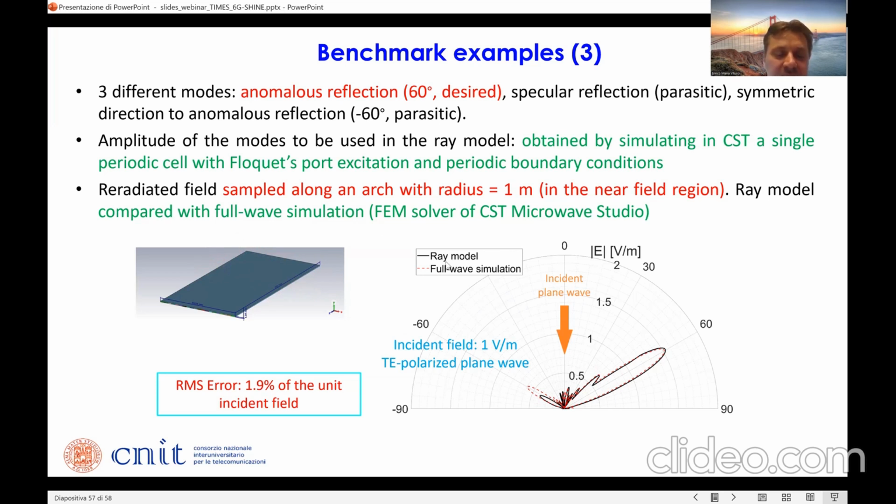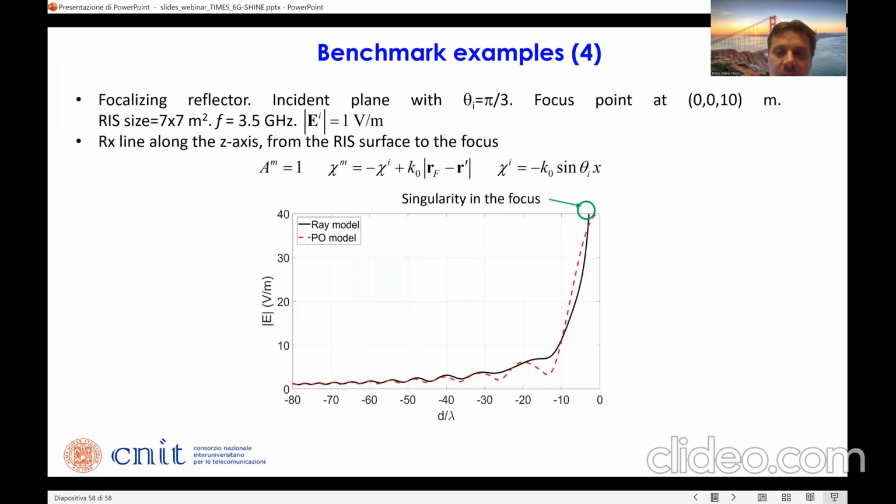And the result is even better if we consider higher distances from the RIS. So in the end, the model is quite accurate. The only problem is that, as I said, we have some small deviation caused by the fact that we don't consider vertex diffraction and also the effect of surface waves.